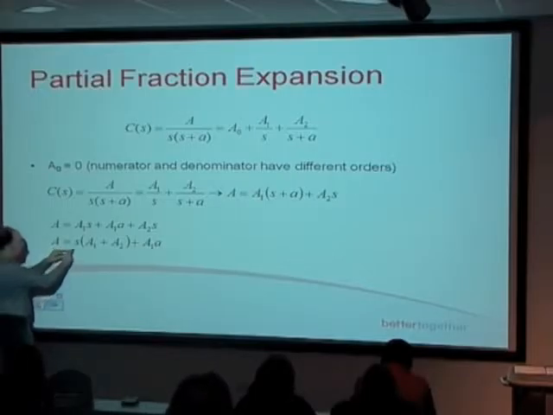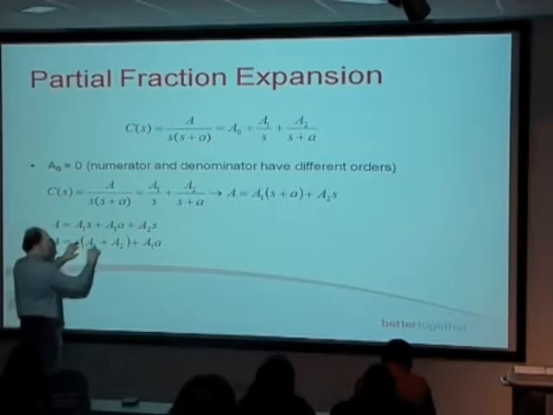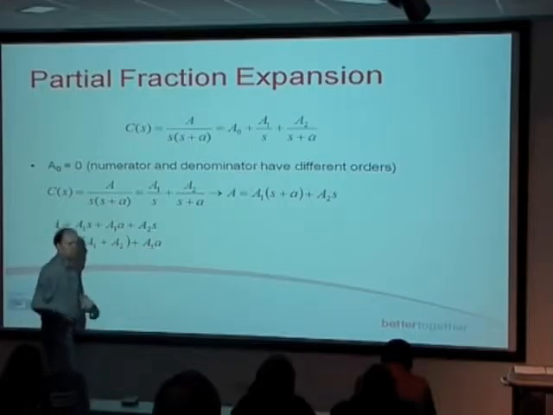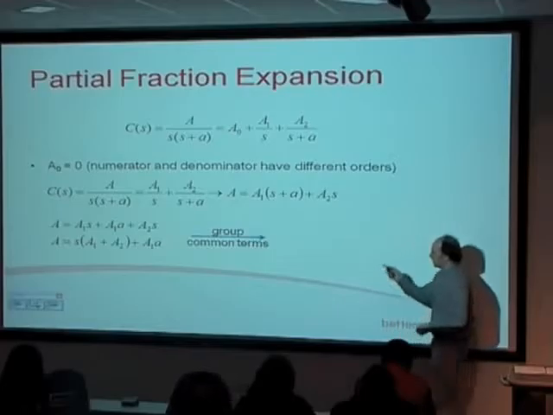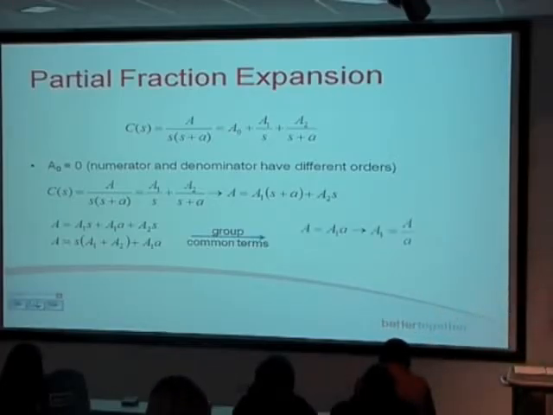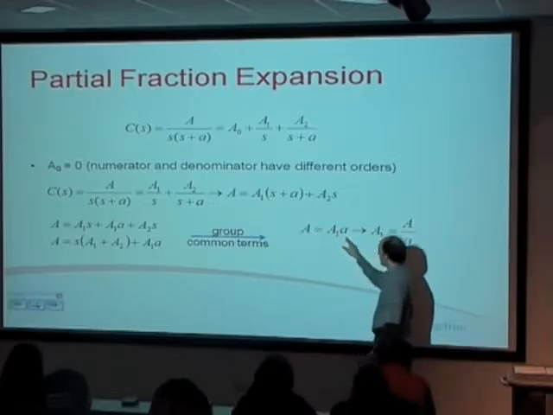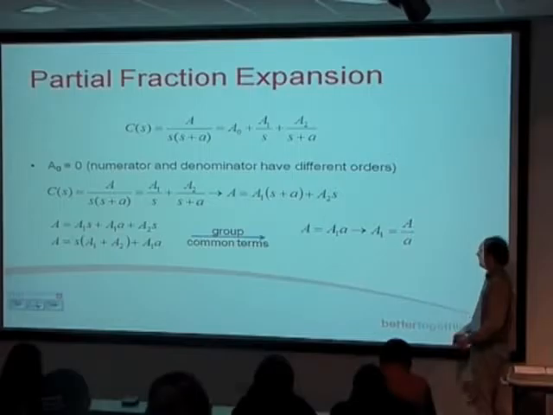And so obviously I know that this term is going to be 0. And I know that A is going to be equal to a1 multiplied by little a. So by grouping common terms, obviously a1 is going to be big A over little a.